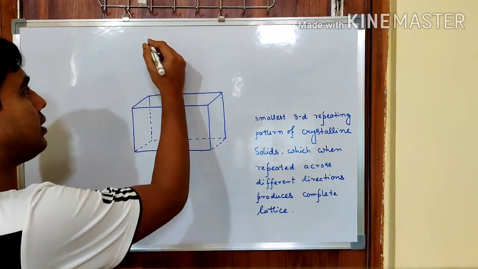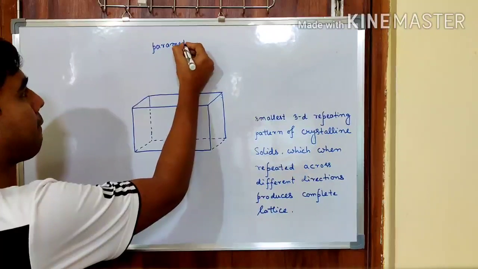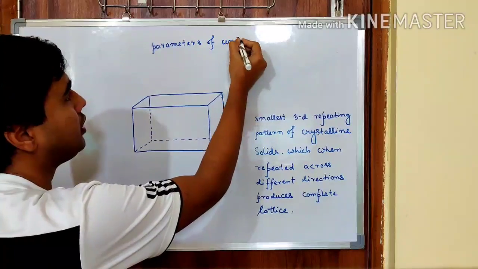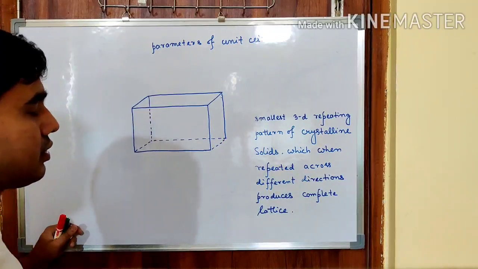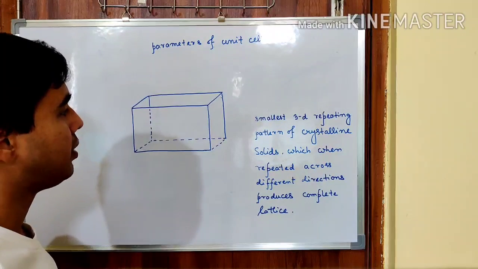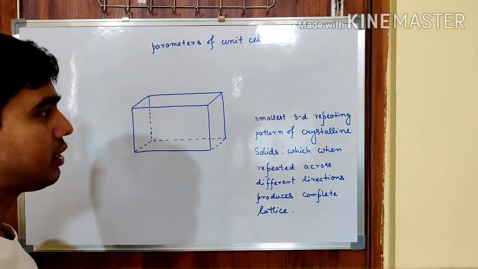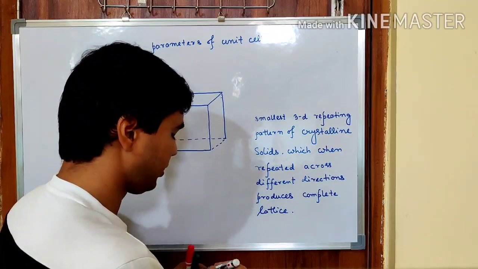Now, let us see the parameters of a unit cell. Since we had discussed what a unit cell is in the small clippings, let us define it once again. What is a unit cell? It is the smallest 3D repeating pattern. We need to understand this.